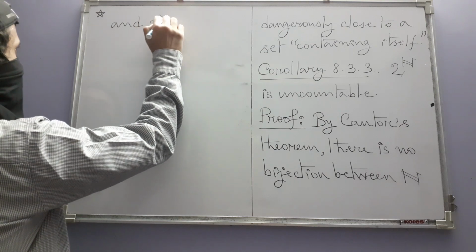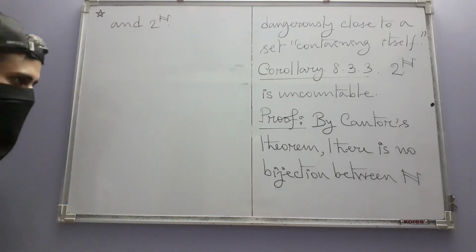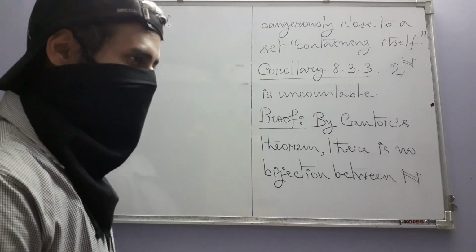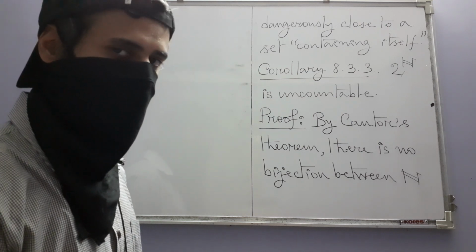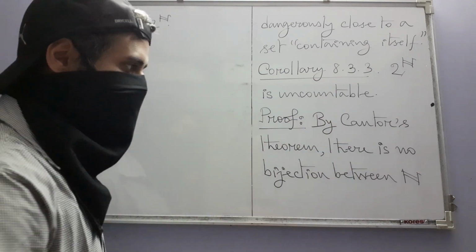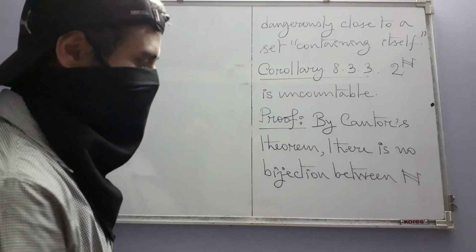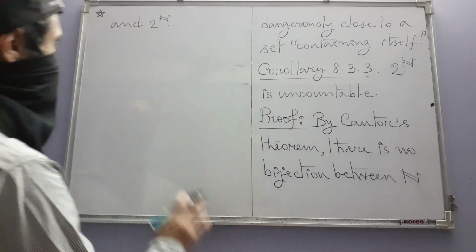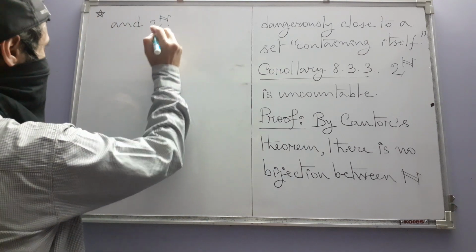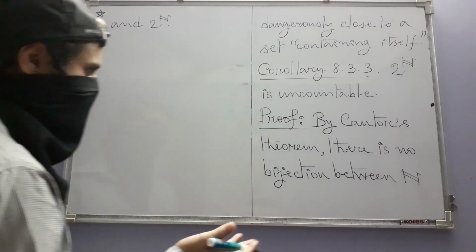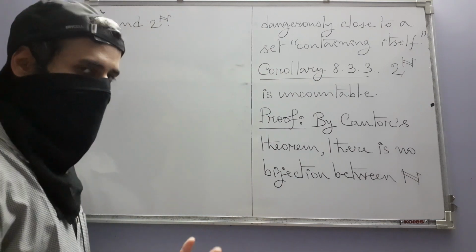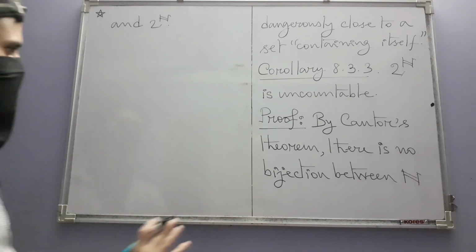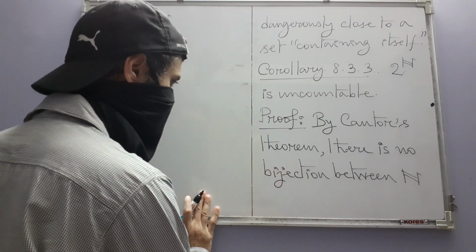And his ideas were vigorously opposed. Particularly, Henry Poincaré opposed his ideas of these infinities of different sizes, but David Hilbert supported him. The later part of Cantor's life is very tragic. If you want, you can see what happened to him. But anyway, let's just go on with the proof.